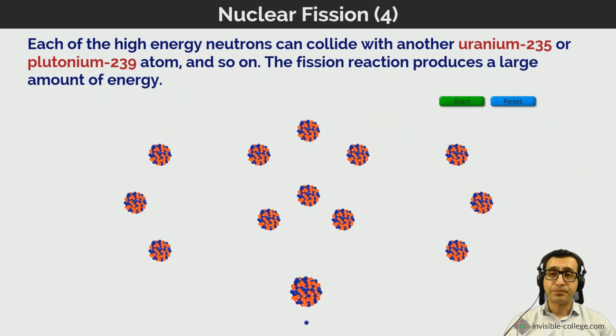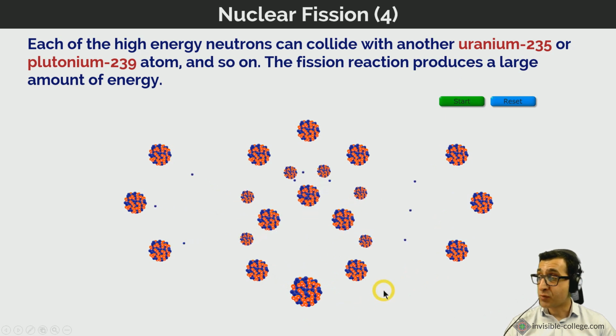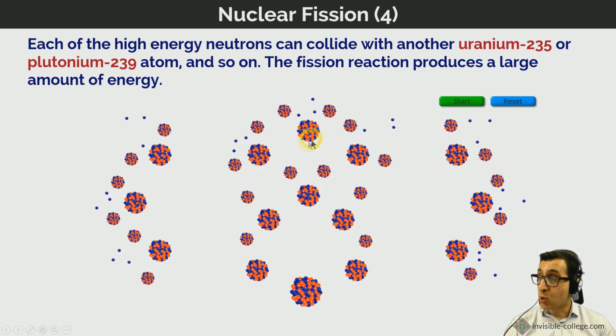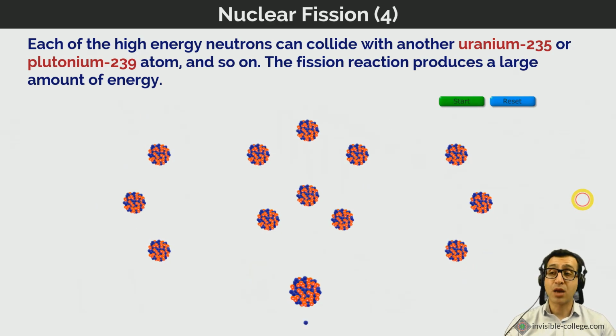So this can essentially cause what we call a nuclear chain reaction, and so we have an unstable nucleus being made even more unstable by absorbing a neutron which is fired at it. But that can then release more neutrons which are absorbed by more surrounding atoms, which can then cause more fission to take place. So this is the basis of the reactions that happen both in nuclear reactors in a controlled manner, but also in nuclear weapons in an uncontrolled manner.